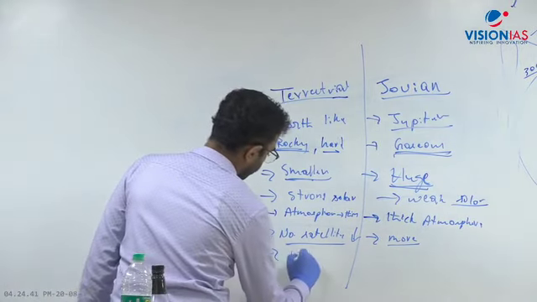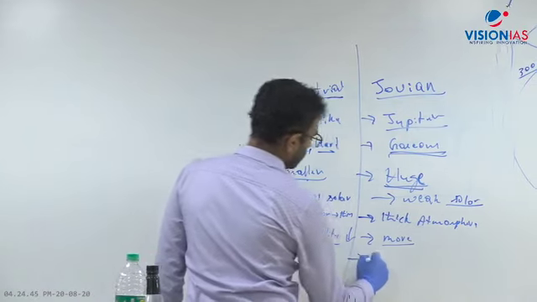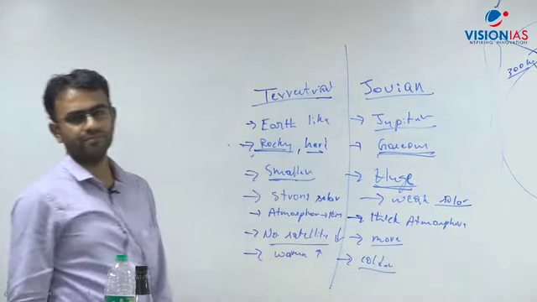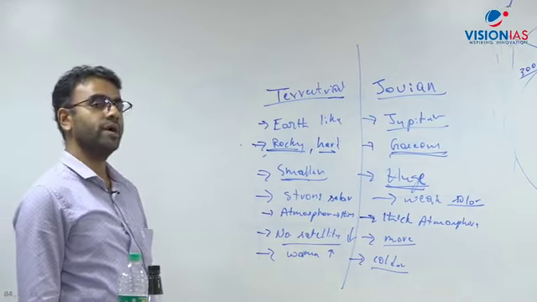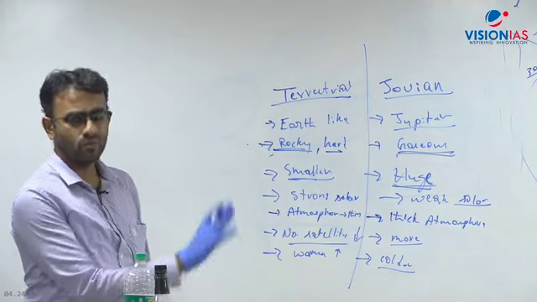Terrestrial planets are warmer in temperature. The Jovian planets are colder in temperature because they are very far from the sun. Since they are located far away from the sun, they are colder.